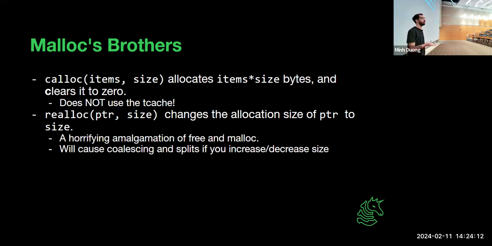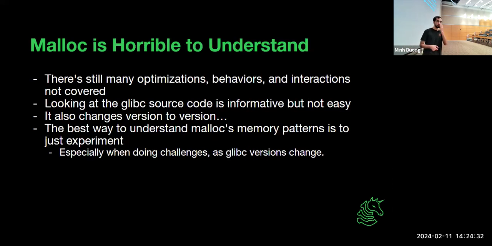If not, it will find a new chunk to give you, copy all the data over, and give you the new pointer. That might split blocks, it might cause a new free block. Realloc sucks. It's so hard to understand what it does if you ever see it in an actual challenge or on a target platform.